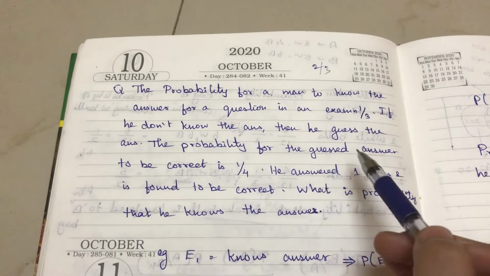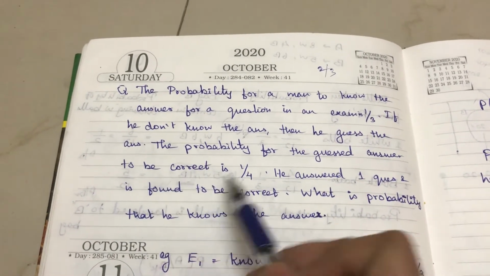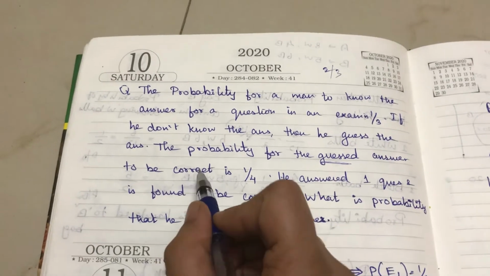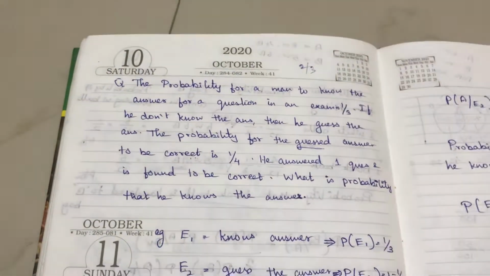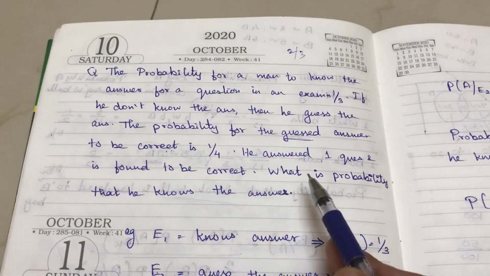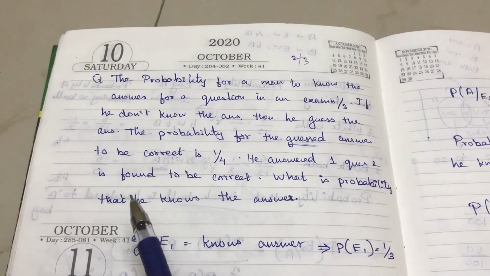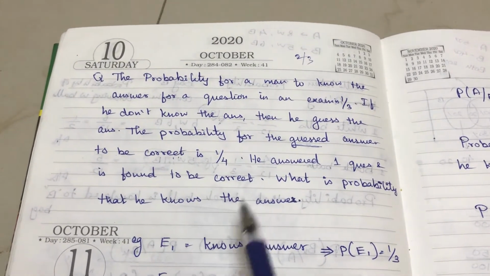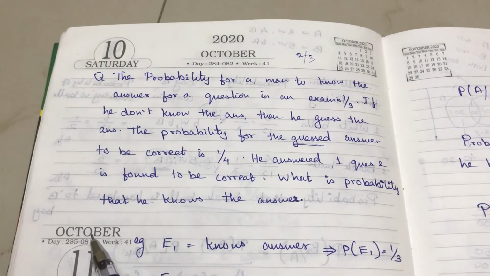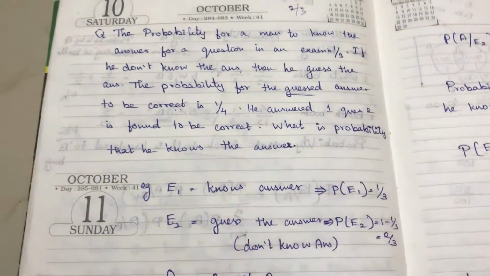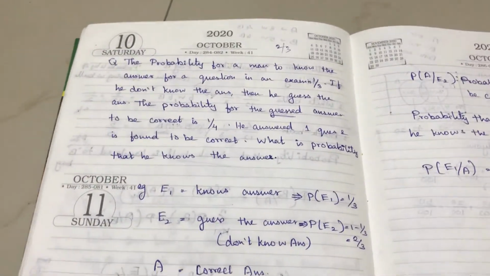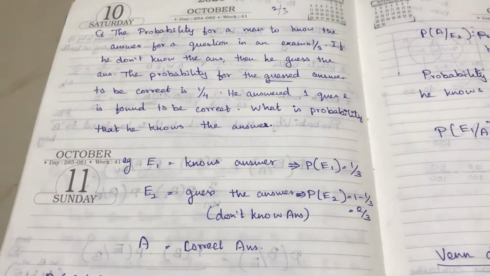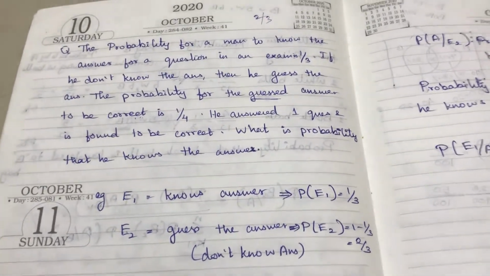So the probability for the guessed answer to be correct is 1 by 4. He answered one question and it is found to be correct. So what is the probability that he knows the answer? So we need to find the probability that he knows the answer.